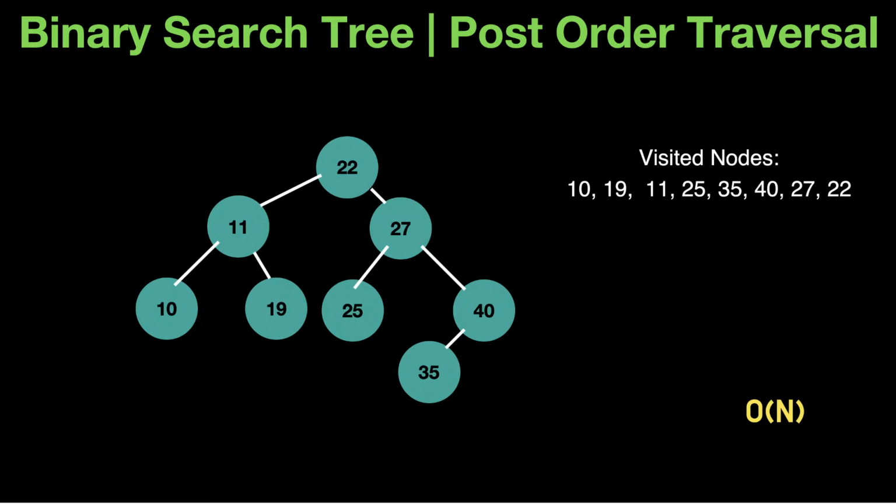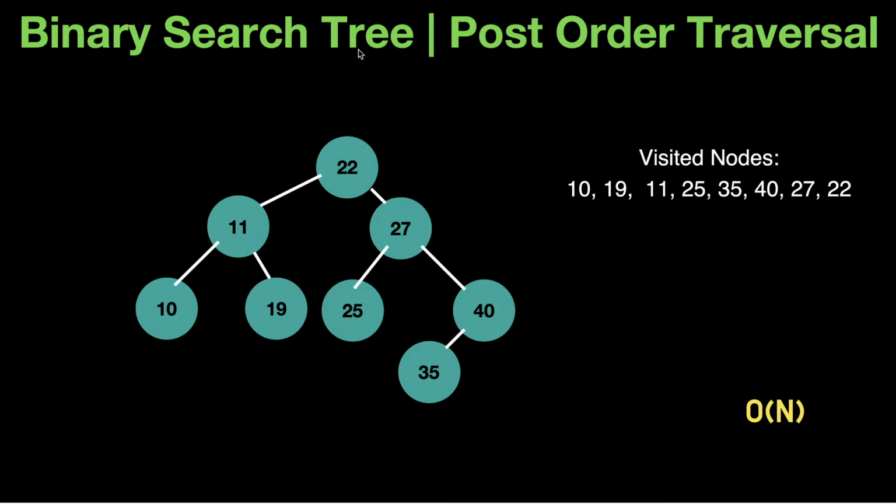But in a binary tree, this condition is not necessary. If there was 22 here and 11 here, then we could have said that this is a binary tree but not a binary search tree. But if we have 11 here and 22 here, right now in this condition, this is a binary search tree as well as a binary tree.